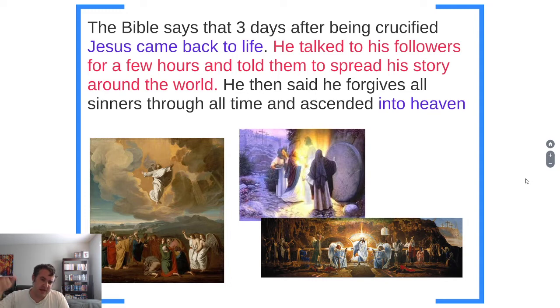He told them all to meet him at one of their favorite spots. His 12 best friends, his apostles, all came there and met him. He then gave one final lesson, and then he just ascended up into the sky. He said he forgives all sinners through all of time, and says, "I'm going to be in heaven with my Father." So that's the story right there.